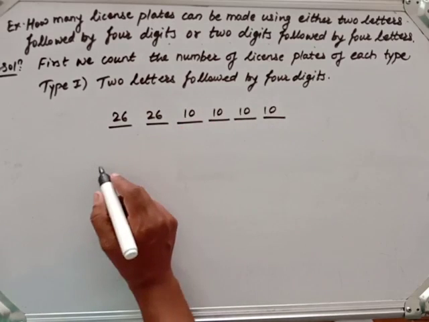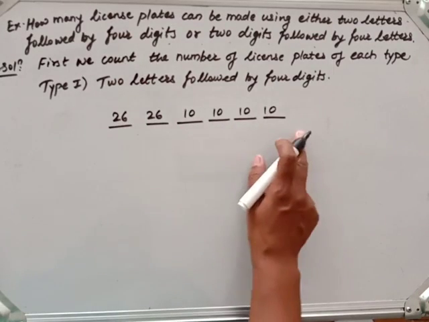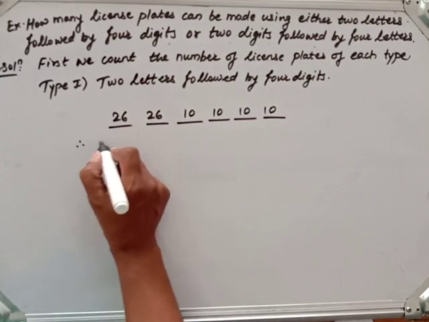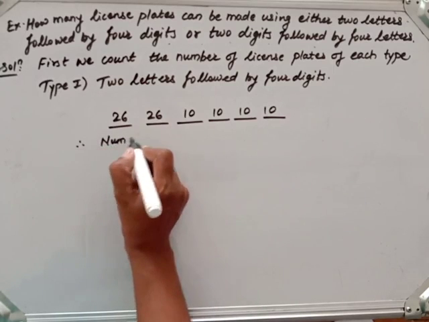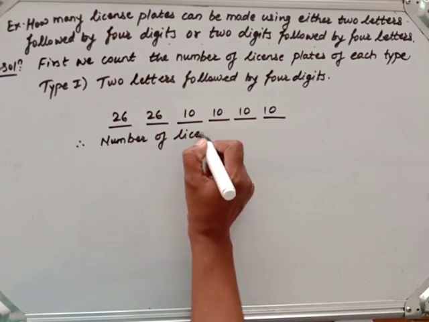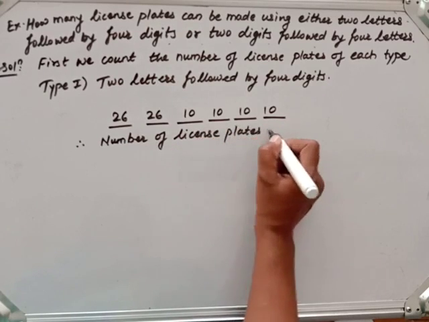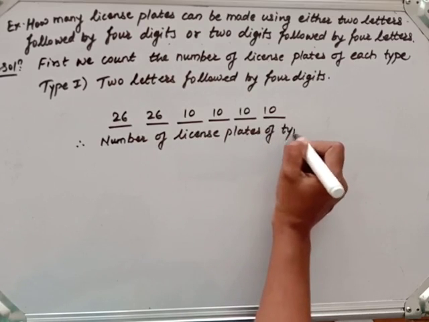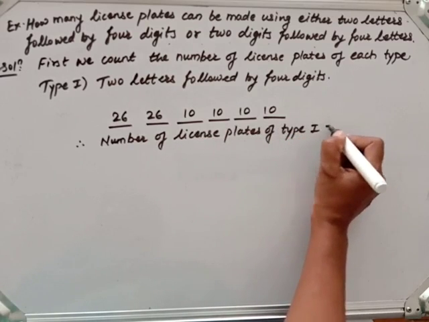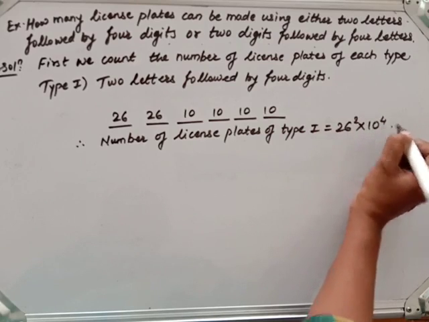So the total number of these license plates is this product. Therefore the number of license plates of type 1 is 26 squared times 10 raised to power 4.